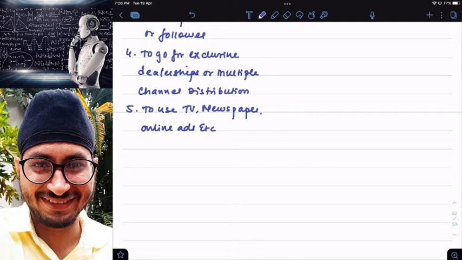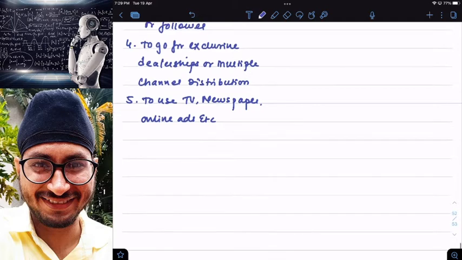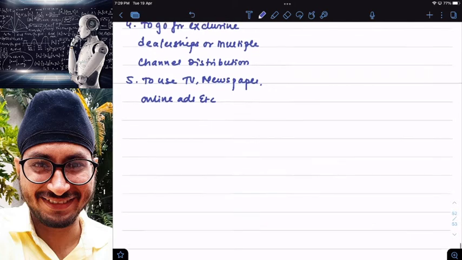You decide who is your target audience. If youth are my target audience, then I'll go for online advertisements. In case youngsters are not my target audience, then I may go for television advertisements or newspaper advertisements. But deciding this is not that easy, right? Why? One small wrong decision will result in what? Complete marketing being a failure.